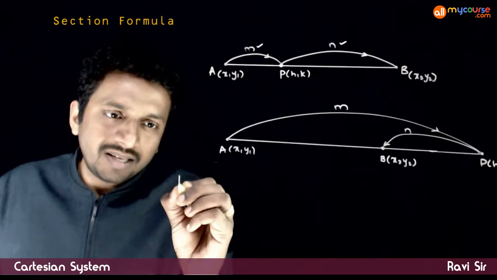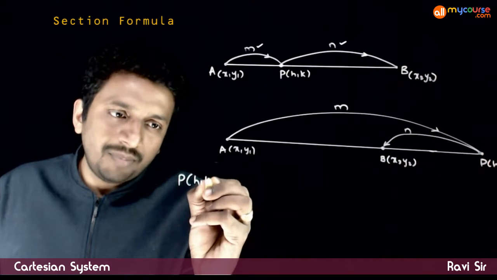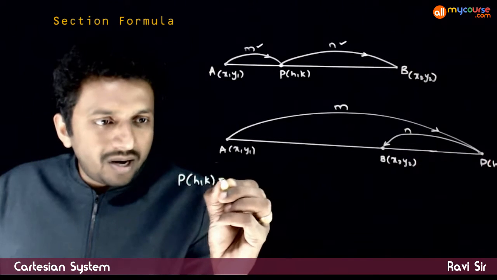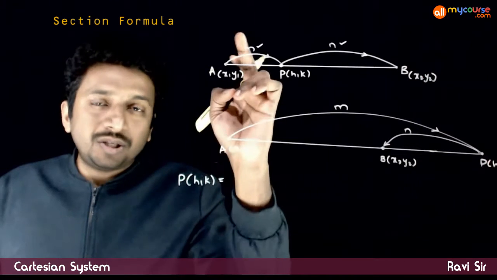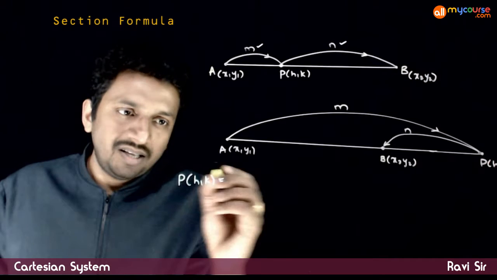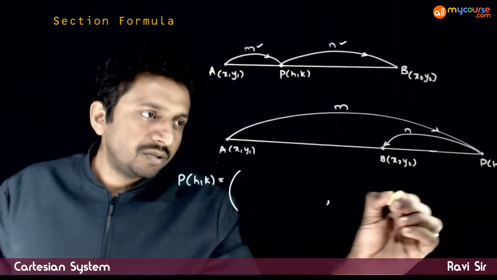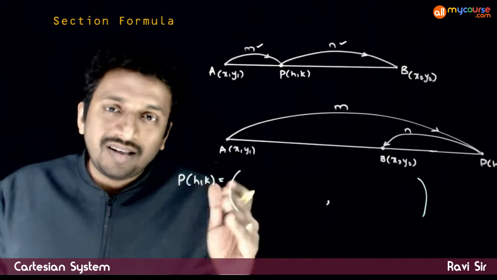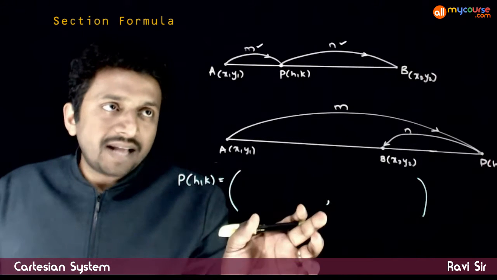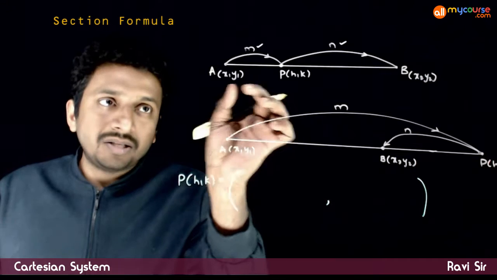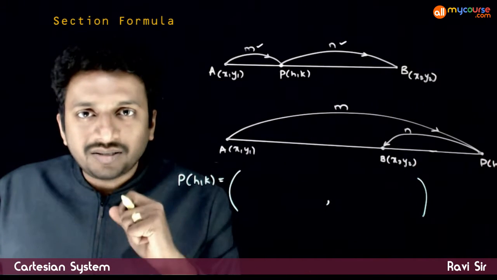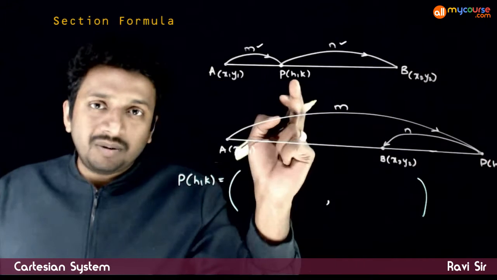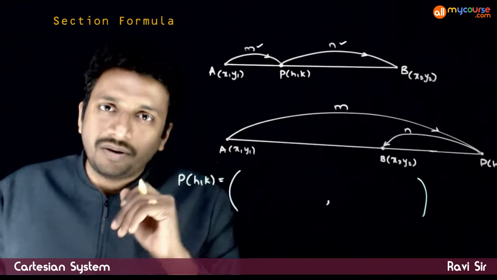So the formula is P(h, k). The point which divides AB in the ratio m:n internally is simply, so you have two coordinates, right? The x coordinate and the y coordinate. The x coordinate involves only the x coordinates of the points. The y coordinate of P involves only the y coordinates.